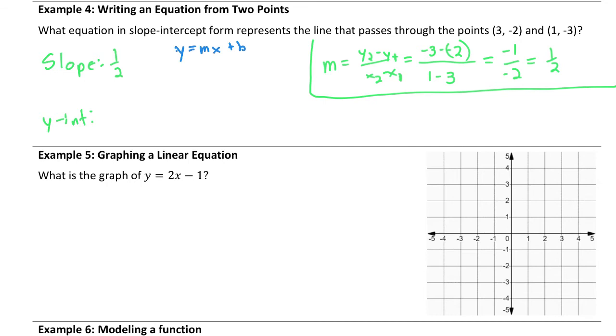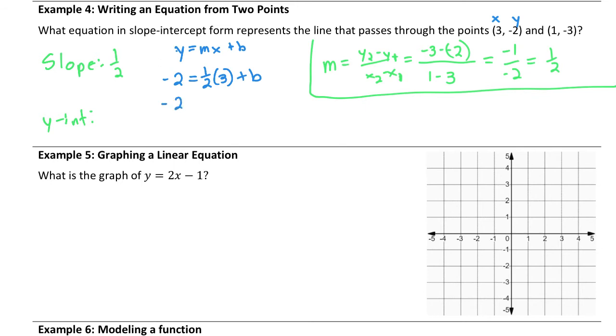I'm just going to pick the first point, 3, negative 2. It is an xy point, so I go into my slope-intercept form. I substitute in negative 2 for y, 1/2 for m, positive 3 for x, and I don't have a value for b, but we are going to find that. So we are going to simplify and solve.